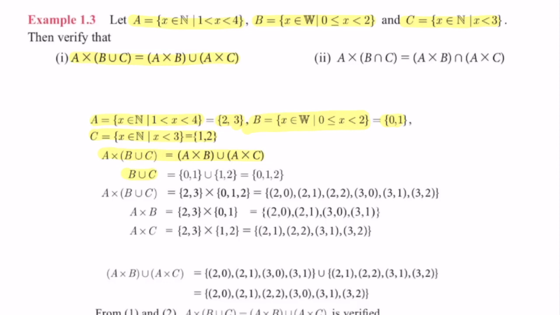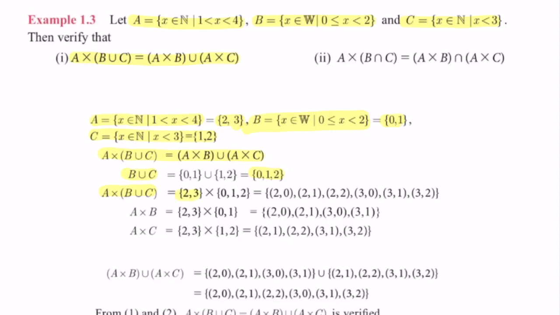We have to find the union of these two sets. Union, we have to make this into a single set. So it is a set with elements 0, 1 and 2. Now we go and find A cross (B union C). So what is your set A? It is the set with elements 2 and 3.